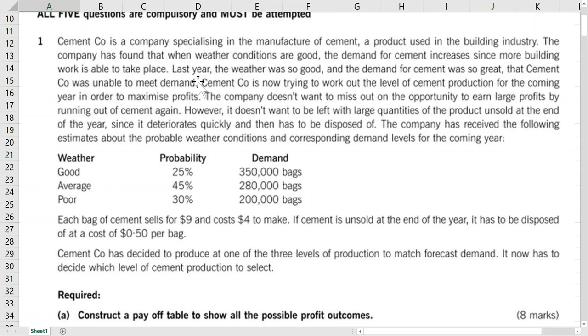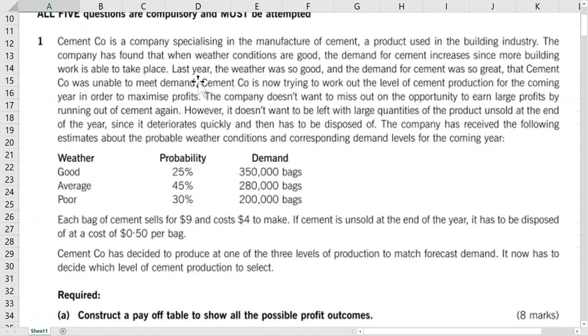Cementco is now trying to work out the level of cement production for the coming year in order to maximize profits. The company doesn't want to miss out on the opportunity to earn profits by running out of cement again. However, it doesn't want to be left with large quantities of product unsold at the end of the year, since it deteriorates quickly and then has to be disposed of.